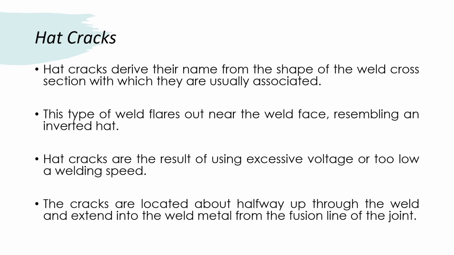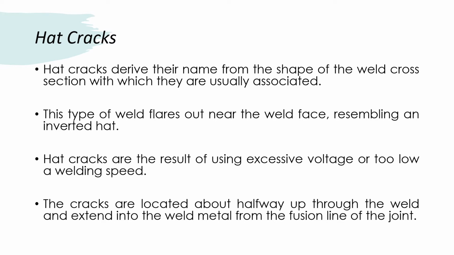Hat cracks. Hat cracks derive their name from the shape of the weld cross section with which they are usually associated. This type of weld flares out near the weld face, resembling an inverted hat.